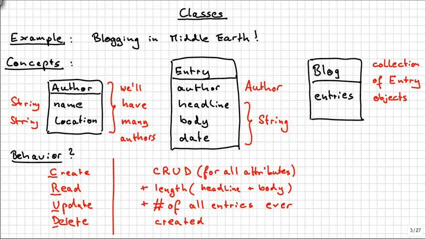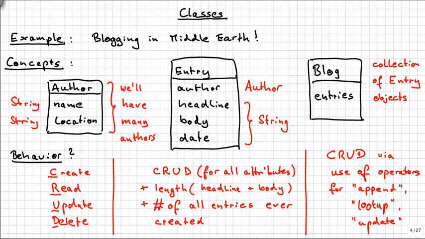And when we get to the blog class, we will introduce the create, read, and update behaviors using a set of operators for appending entries to the blog, for looking up entries within the blog, and for updating them in the blog. So while the example is simple, we will be able to see all of the aspects we want to touch in the context of classes with this simple example consisting only of the author, the entry, and the blog class.